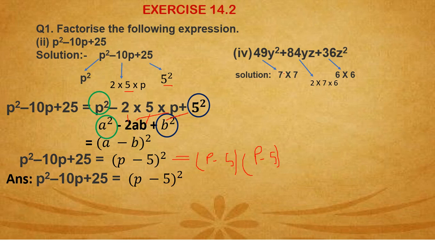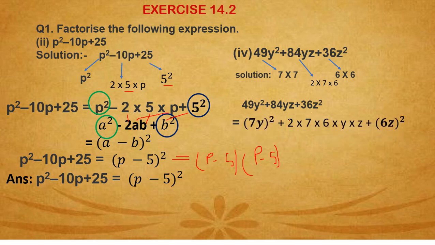So the first term is expressible as the square of a number, and the third term is also expressible as the square of a number. So 49y square plus 84yz plus 36z square can be written as 7y whole square plus 2 into 7 into 6 into y into z, and the last third term is 6z whole square.